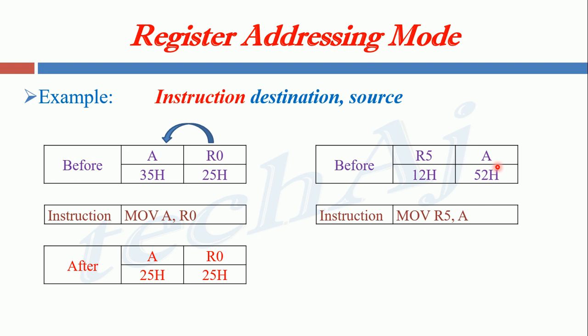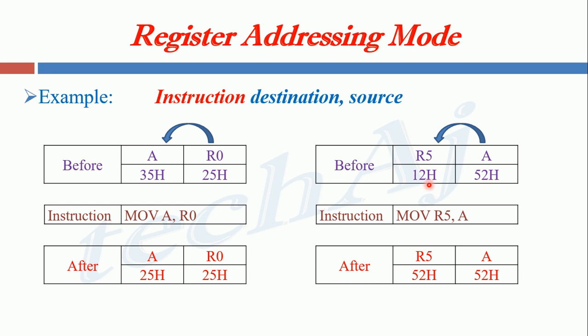If we execute the instruction MOV R5, A, R5 is the destination operand and the accumulator is the source operand. So the value of the accumulator, 52, will be copied into R5, and we get the result like this. Again, the source operand value is not affected. The source operand value is copied into the destination.